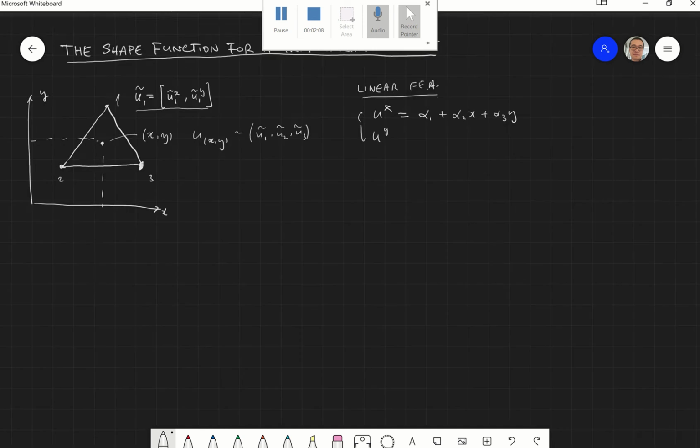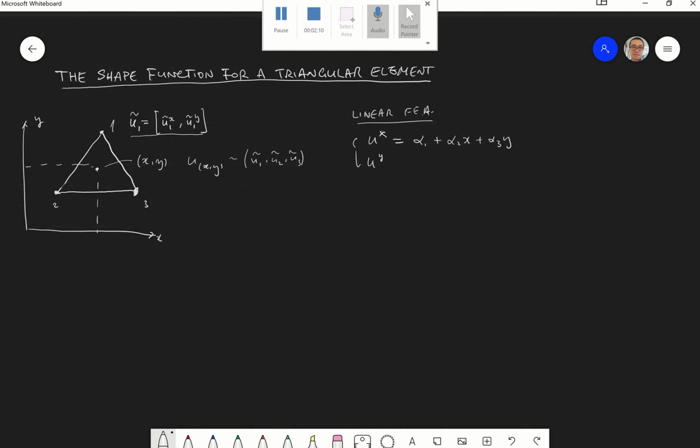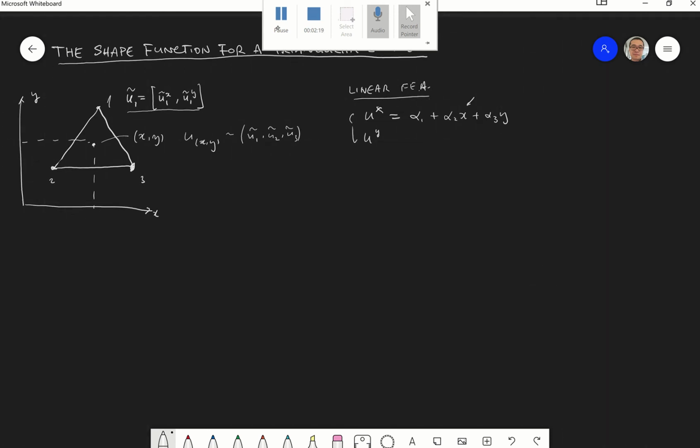If I know the coordinates of this point x, y inside this finite element, I can plug in its coordinates x and y and work out the displacement at that point. Of course, in the end, alpha 1, alpha 2, and alpha 3 will be correlated to u1, u2, and u3, which I will show you how to work out later.